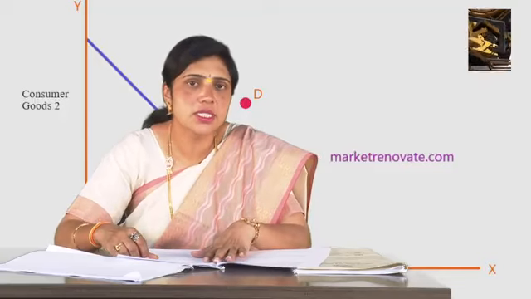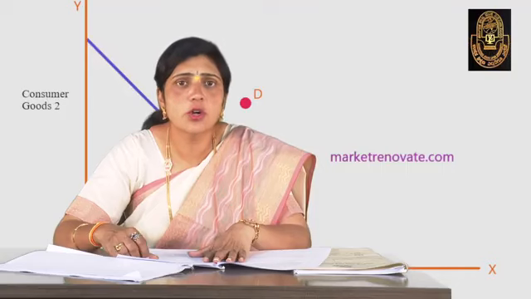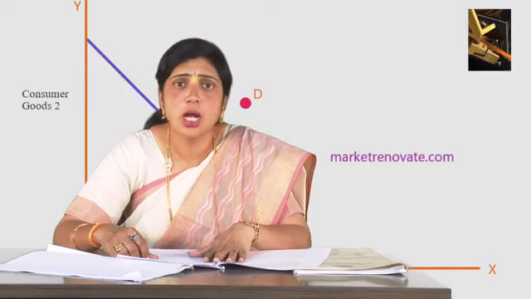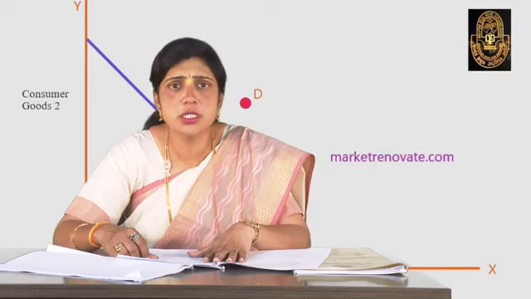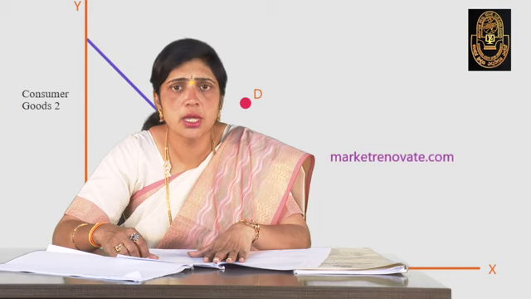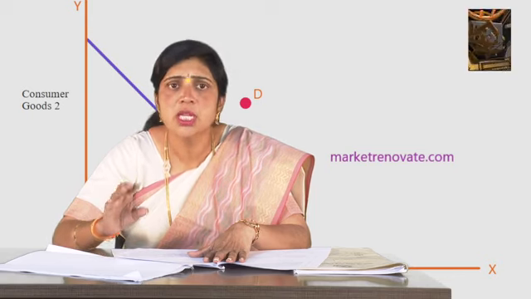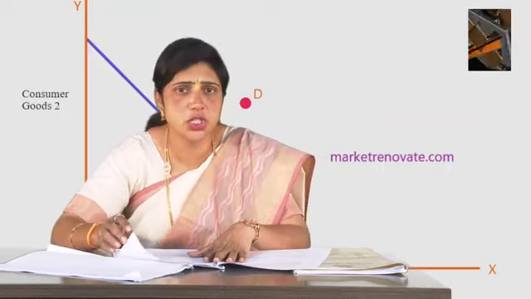Choice reveals preference. The preference hypothesis is the basis for the theory of demand in the revealed preference theory. According to this hypothesis, when a consumer is observed to choose a combination A out of various alternative combinations open to him, then he reveals his preference for A over all other alternative combinations.